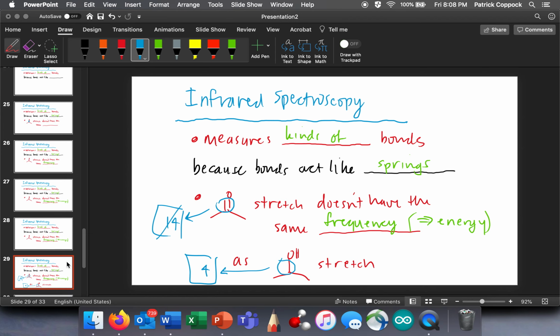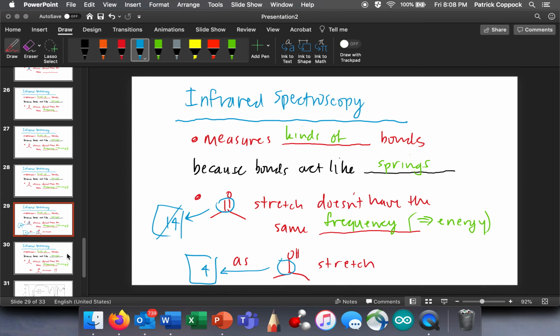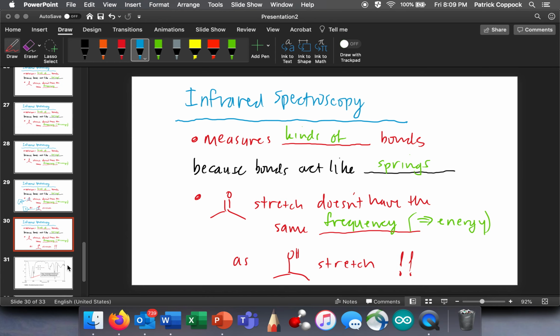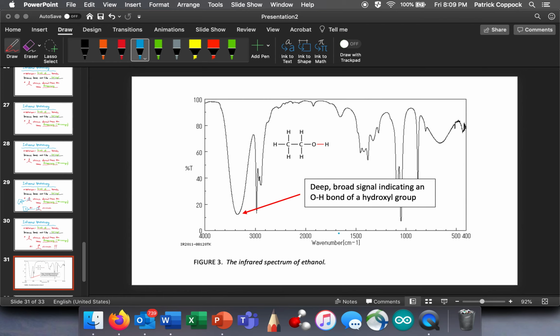Now let's look at what some of those readouts might look like. Actually, let me say one more thing. Of course they have different frequencies, right? Because they're different bonds. So let's look at what one of them looks like. It turns out that this bond has a very deep absorption at this particular frequency of an IR spectrum, right?